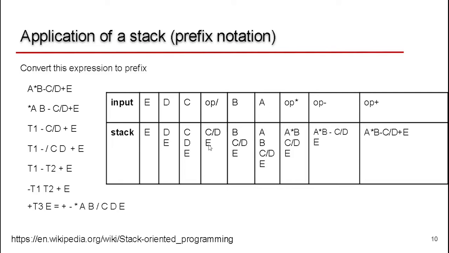And then we entered B, so we have E, then the result of C divided by D, and B. Then we entered A, so we have this content here. Then we have the operation multiplication, which means two operands. The top two elements are A and B, so we multiply A and B and store the result.